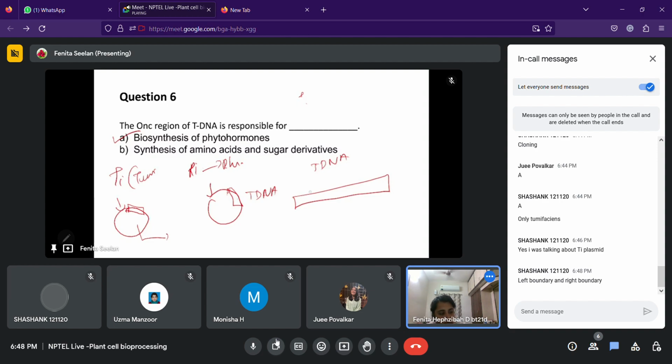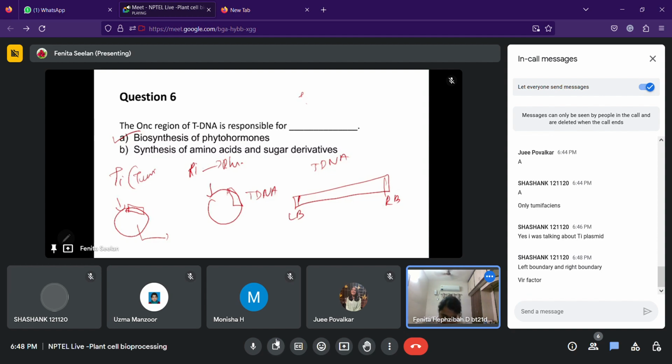So what else will be there? This is your transfer region. The other is where your replication happens. Replication part is there. Conjugation part is there. What else is there? Your virulence is there, whatever is helping with the virulence factors.